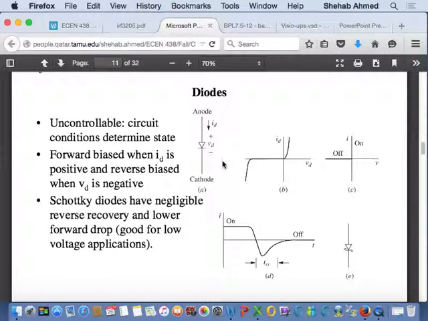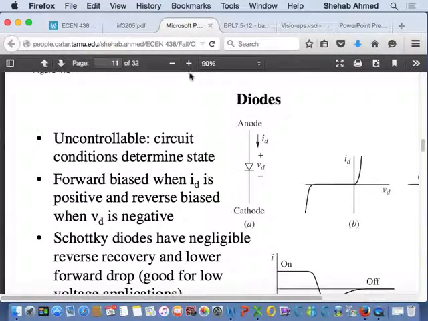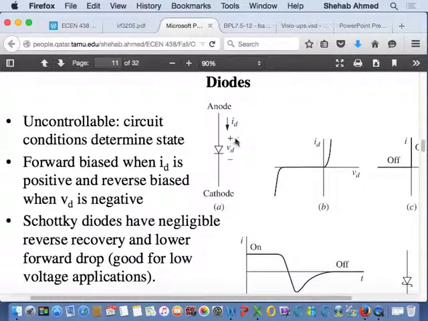So how does a diode function? If this is the polarity of VD, and I'm supplying positive VD and current is flowing in this direction due to the circuit, a diode turns on and turns off because of circuit conditions. Can you control its turn on and turn off? You cannot. If you put it in a circuit that satisfies certain conditions, then it will turn on.